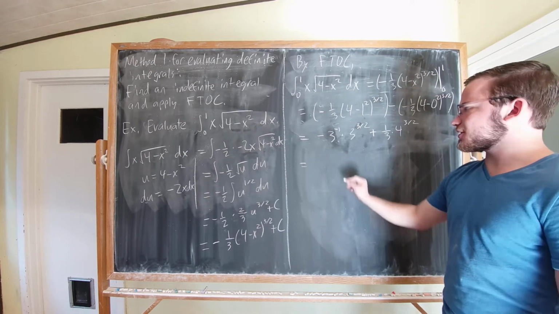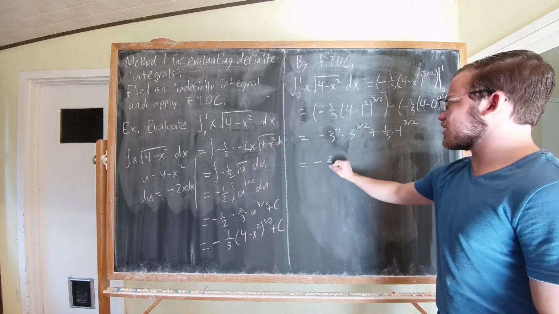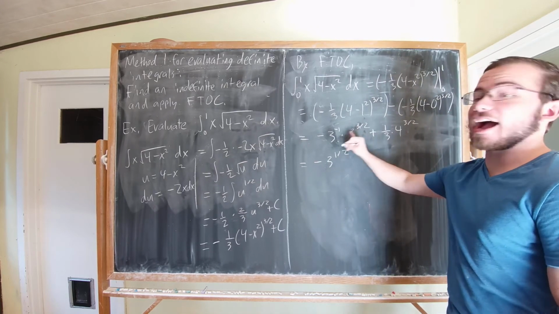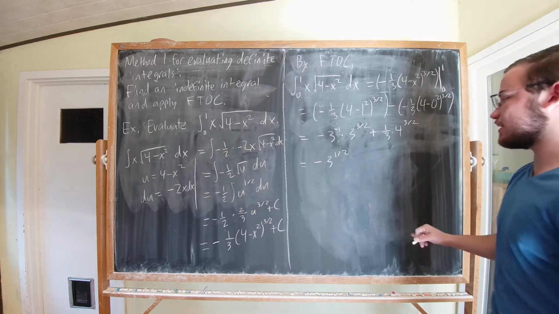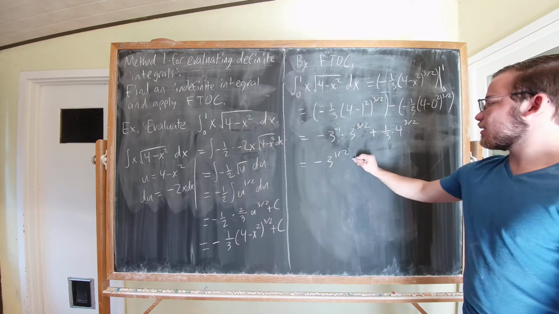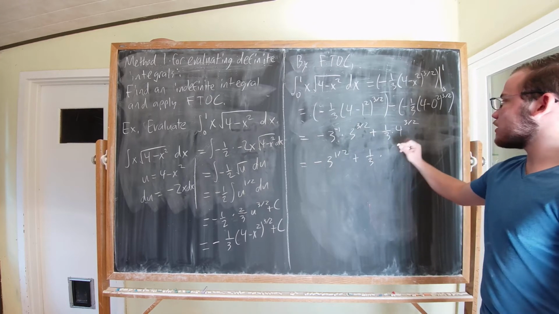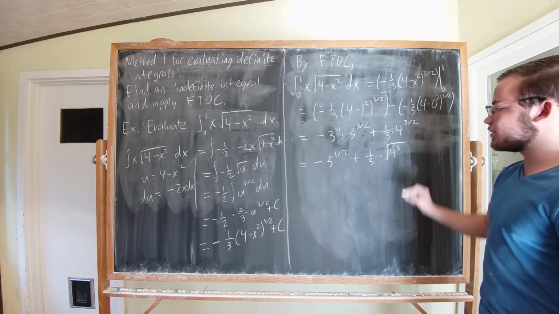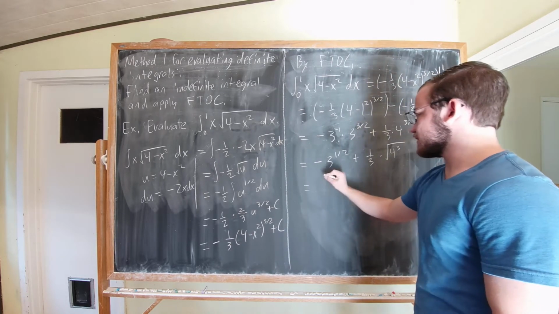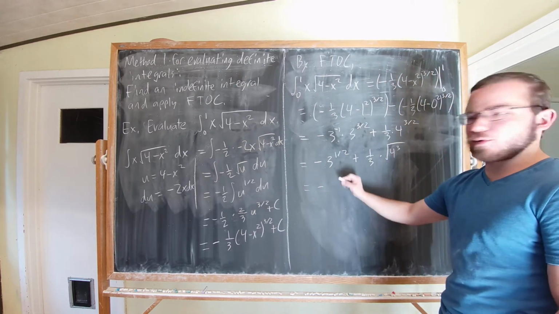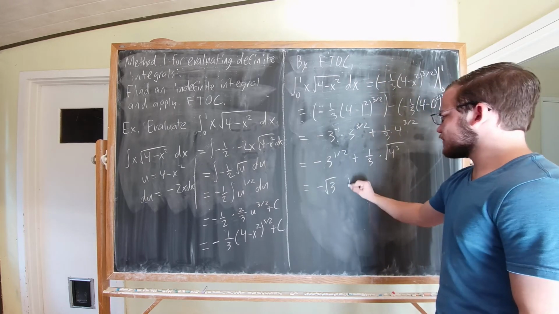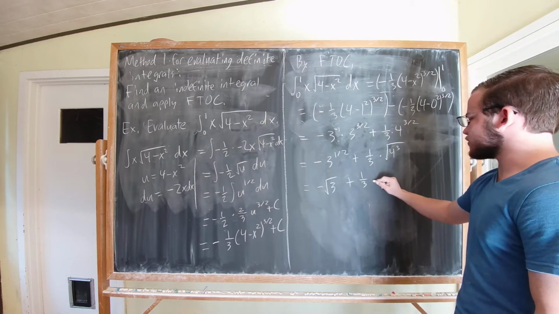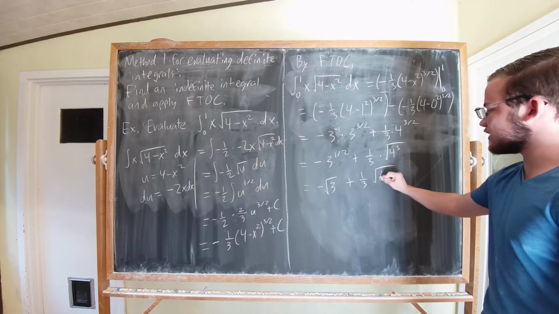Exponent rules tell us that this is -3 to the 1/2 power. 3/2 minus 1 is 1/2. Plus 1/3 times 4 to the 3/2 is the square root of 4 cubed. So this is what's 3 to the 1/2? That's the square root of 3. Plus 1/3 times the square root of 4 cubed is 64.